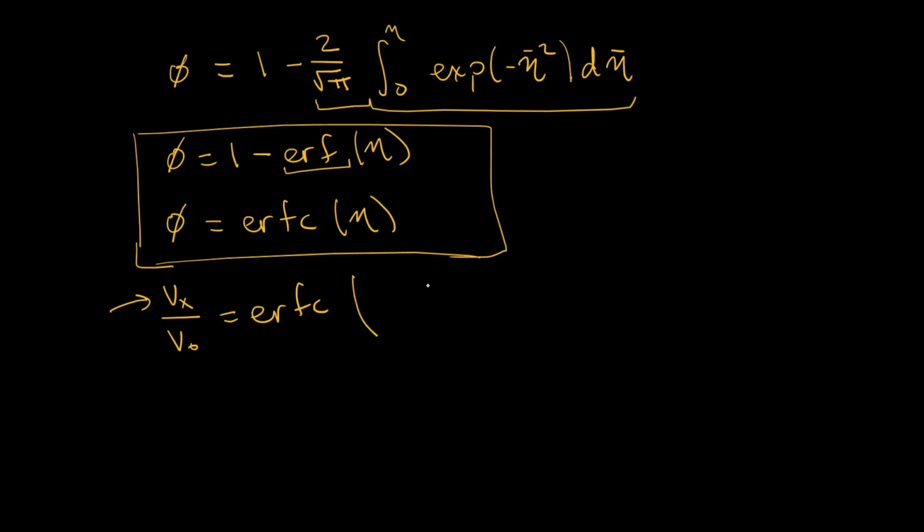If you remember, our eta is equal to y divided by 2 square root nu times t. And so now you could plug in some value for y, some value for t, a value for the kinematic viscosity, and then figure out what your velocity v sub x is, just using this error function.